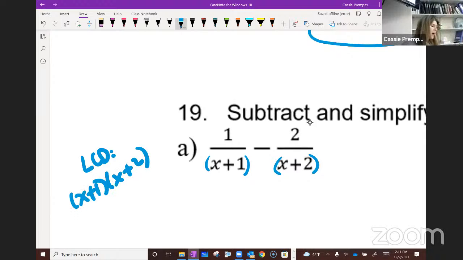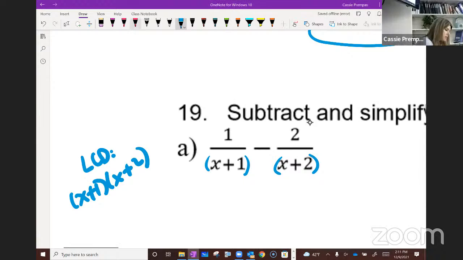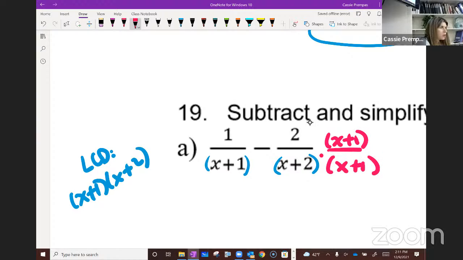All right, guys, let's see if you got it. It should be x plus 1 times x plus 2, which means I'm going to need to multiply this by x plus 1 over x plus 1, and this first one by x plus 2 over x plus 2. Sophie: I was a little bit confused with this.